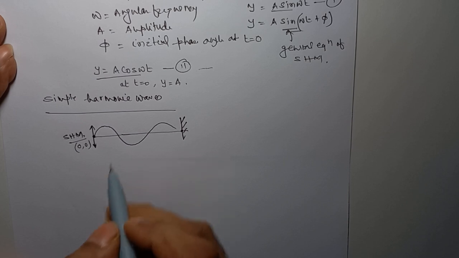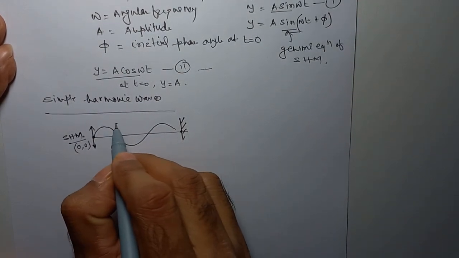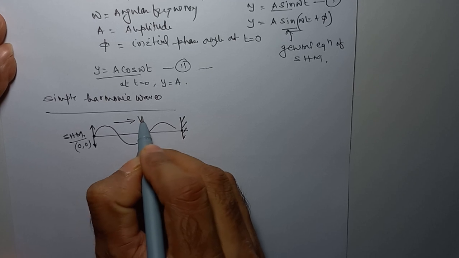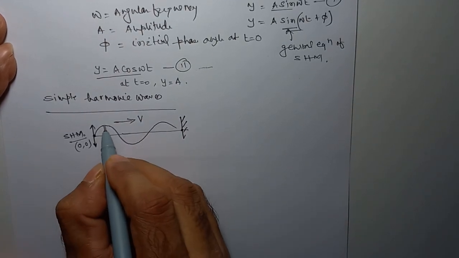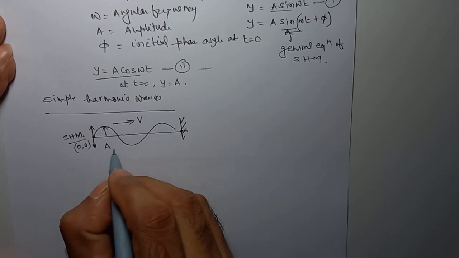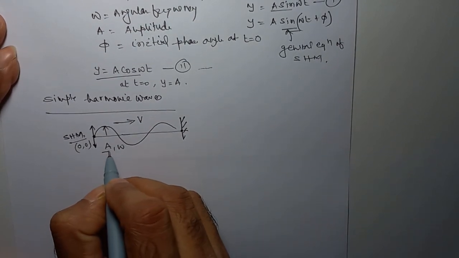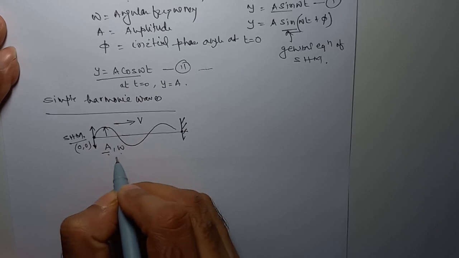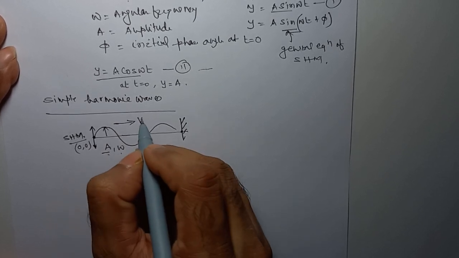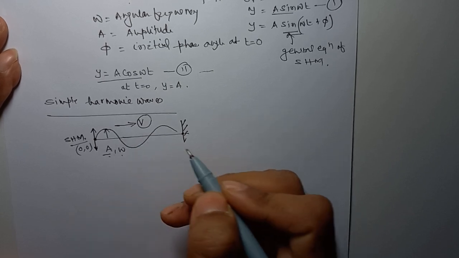So we want to represent this motion of the wave, which is moving with velocity v, and the amplitude of this wave is A, and angular frequency is omega. As we have studied, angular frequency and amplitude depend on the source of oscillation, and v depends on the physical property of the medium.